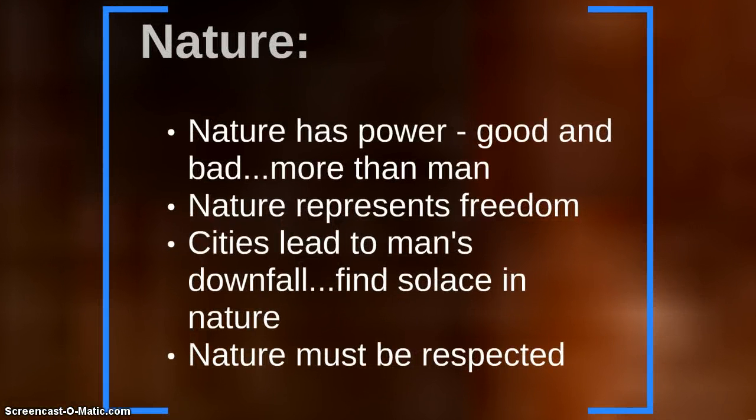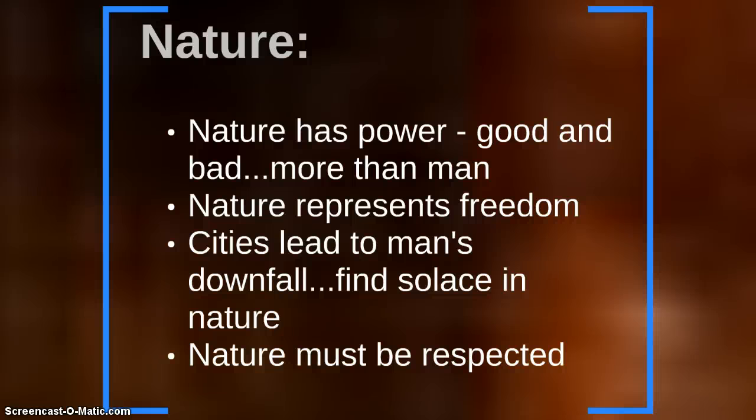So nature, right? Nature is clearly a significant aspect of Romanticism. If you think of that picture a few slides ago of the beautiful sunset, the red sky, the mountain, Romantics viewed nature as powerful and beautiful, but they also respected nature in so much as they realized the tremendous power of nature to inflict harm, whether through a storm or a fire or an earthquake or flood or whatever.